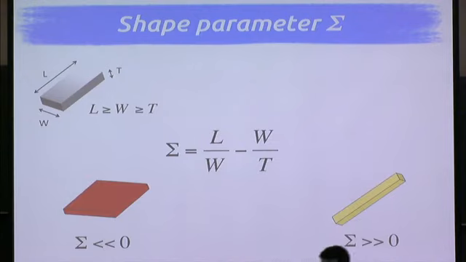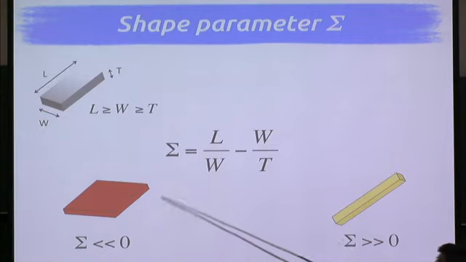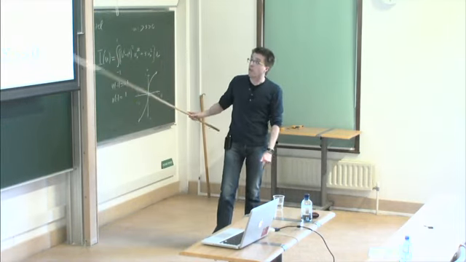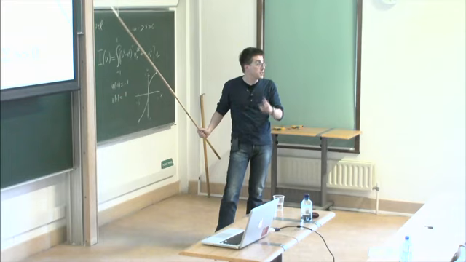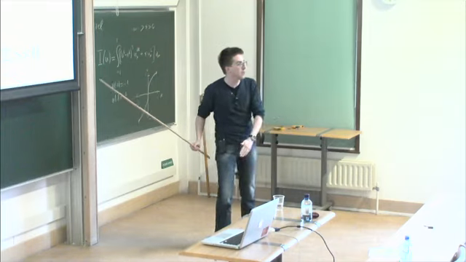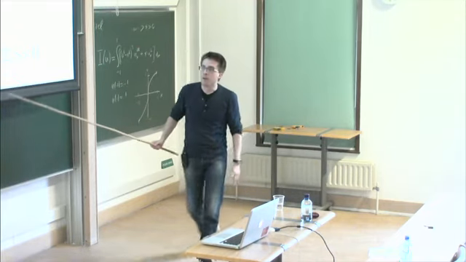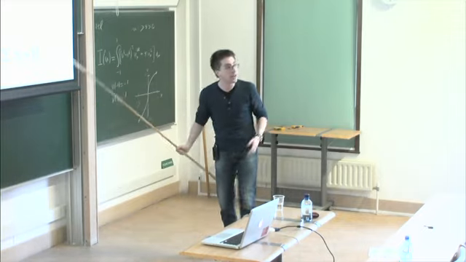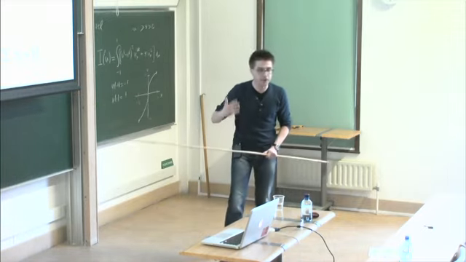To make you understand the meaning of this shape parameter: when it takes values appreciably smaller than 0, we have plate-like particles, and the other way around. We have rod-like particles when sigma takes values much bigger than 0. So correspondingly, we expect the uniaxial oblate and prolate phases depending on the sign of this shape parameter.